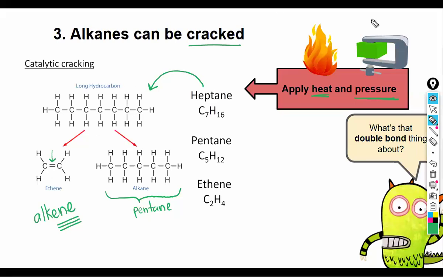So just adding what I put in there, and we'll move on to the next slide. You all are going to see the usefulness of being able to crack an alkane, break it up into two pieces, an alkane and an alkene. But later on.